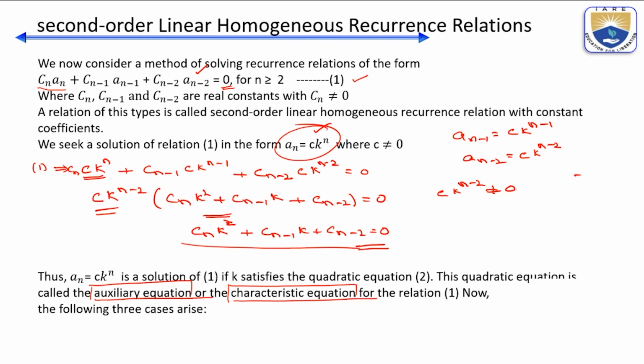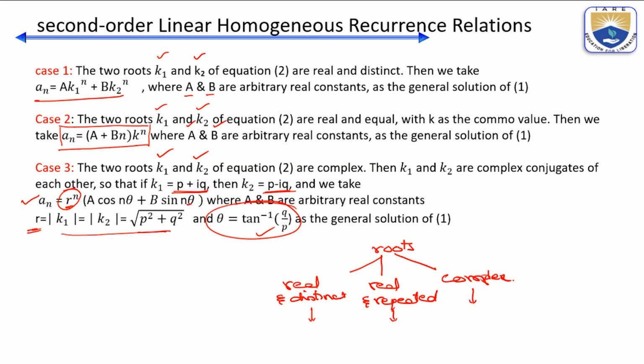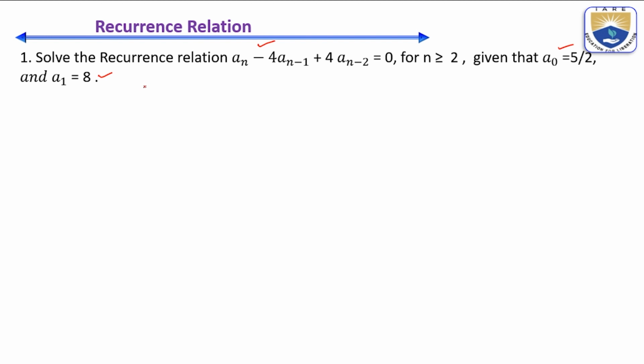That is, a_n = c k^n be the solution. Then we get the auxiliary equation. Now we write the same thing as here: the auxiliary equation is c_n k² + c_{n−1} k + c_{n−2}. Here c_n is nothing but the a_n coefficient, and c_{n−1} is the coefficient of a_{n−1}.